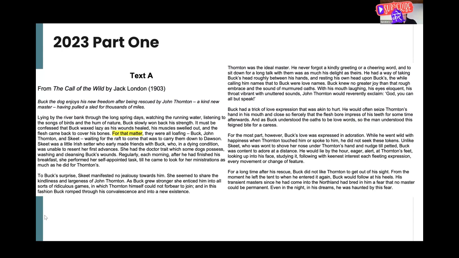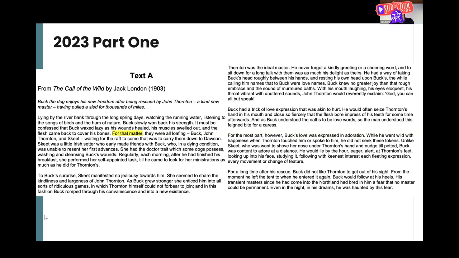Immediately I read this title, The Call of the Wild, and I'm thinking this has got to do with nature and animals of some sort. Then I see Buck, the dog, enjoys his new freedom after being rescued by John Thornton. I'm thinking about the relationship between animal and human. I can see that this is a good relationship, a kind new master, and they do have a strong one, having pulled a sled for thousands of miles. So that's what I'm thinking in my head when I read this.